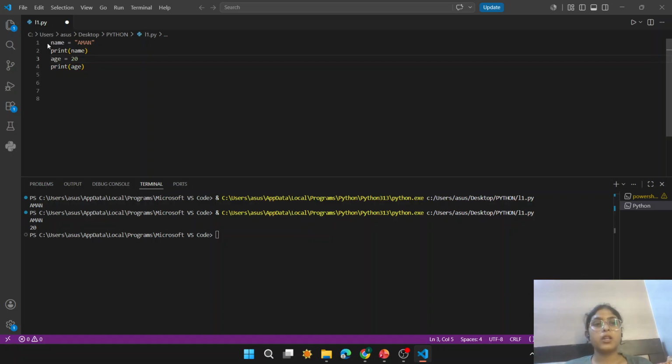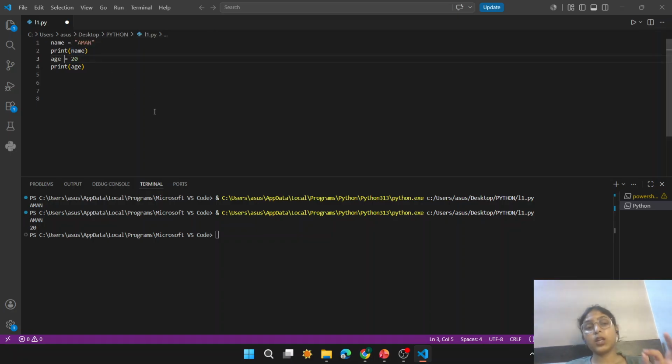What if I want to change the name from Aman to Rahul? I have to go and check where I have written it. If I'm not using a variable, I have to change Aman to Rahul again and again, and that will take a lot of time and is a waste.